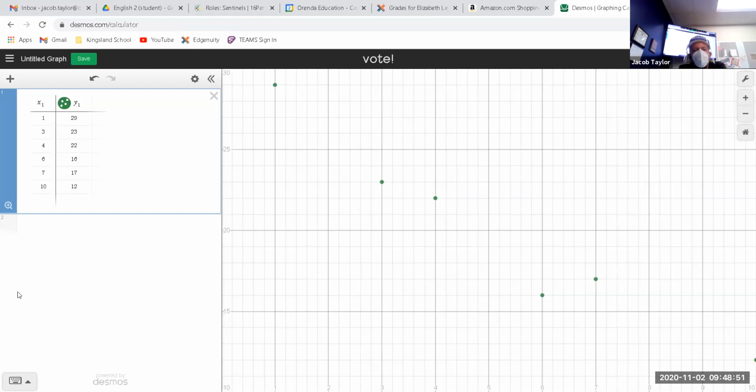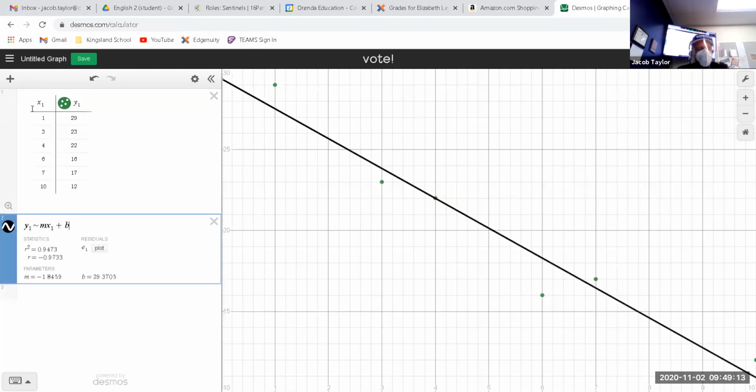And then a quick refresher. I showed you this in last week's class, but the way that we can get the software to give us the best fit line is by clicking on the plus sign and selecting expression. We're going to do y1, and then the tilde here is approximately. We're going to do mx plus b, and the x needs to be this one.